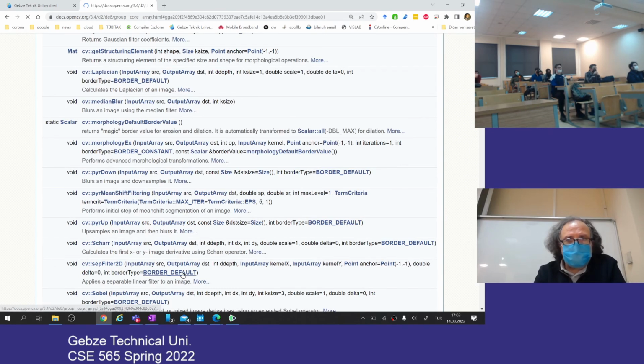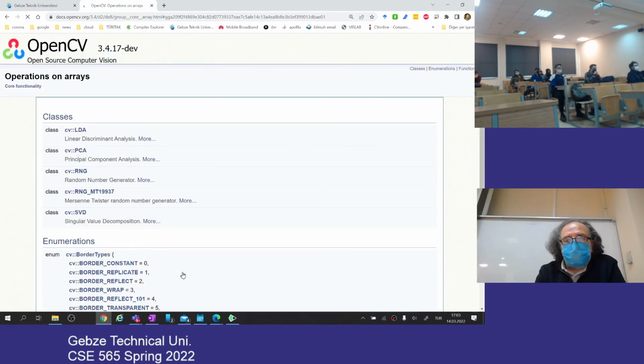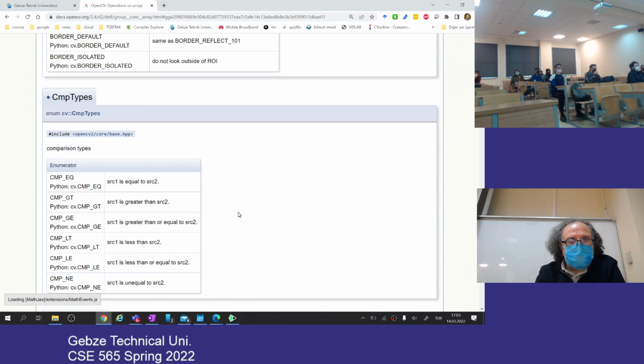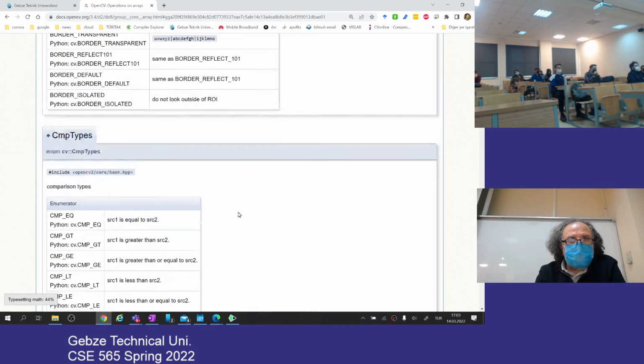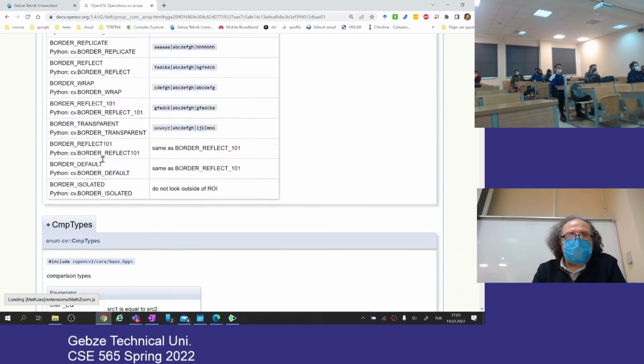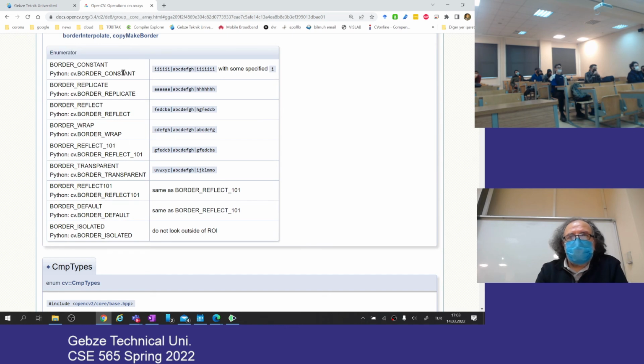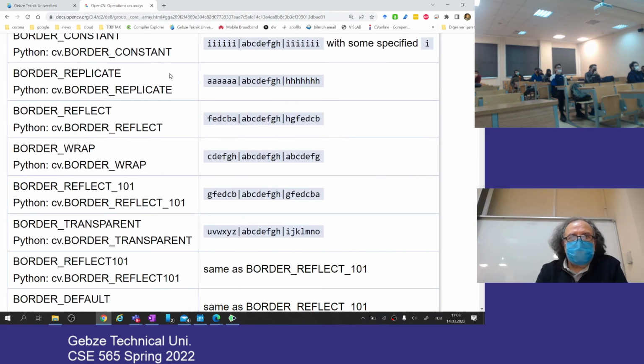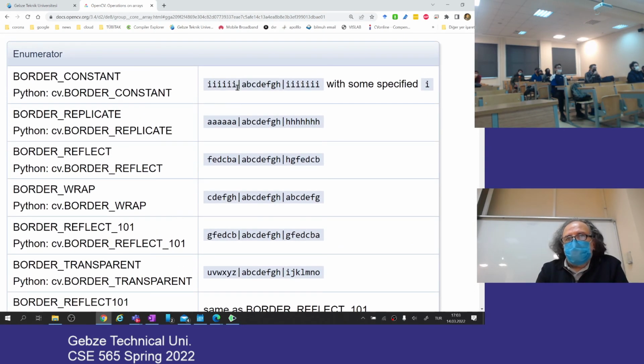Okay? And this border default, let's go to the borders. What kind of border values do we have? Okay, borders. Yeah. So constant borders, you can specify. Okay, this is good, right? So you append these, whatever they are, specify the value.